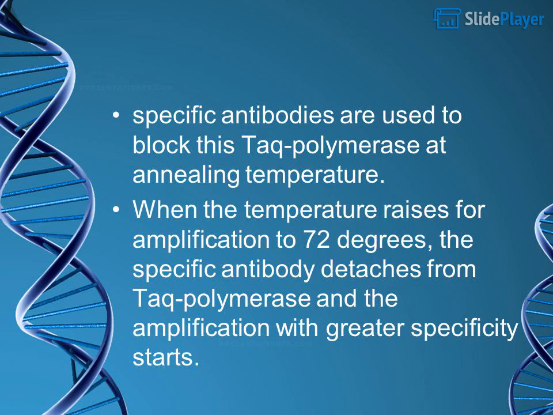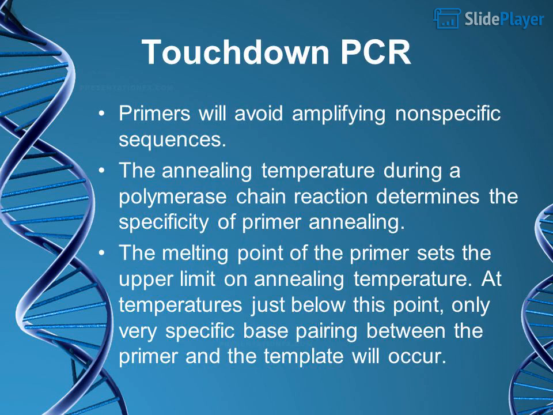Specific antibodies are used to block this Taq polymerase at annealing temperature. When the temperature raises for amplification to 72 degrees, the specific antibody detaches from Taq polymerase and the amplification with greater specificity starts.